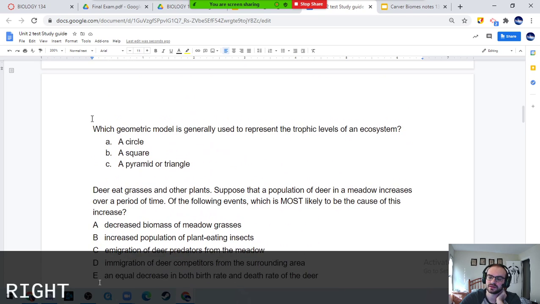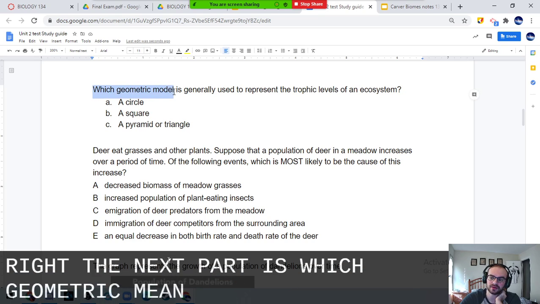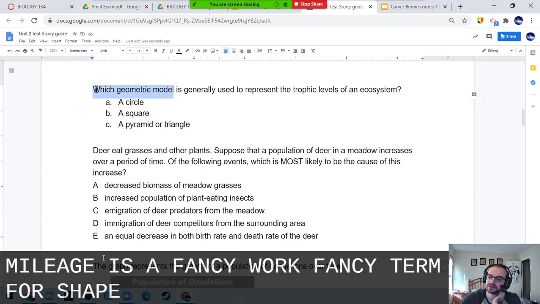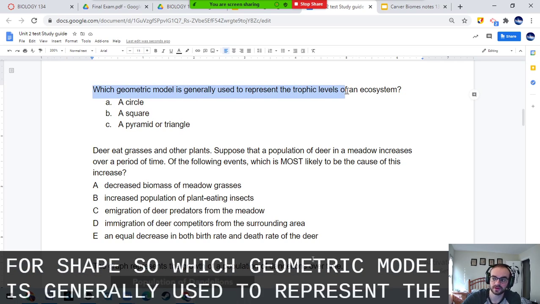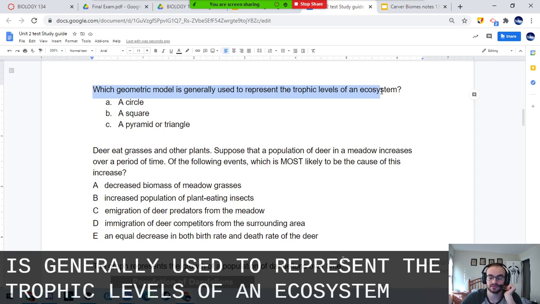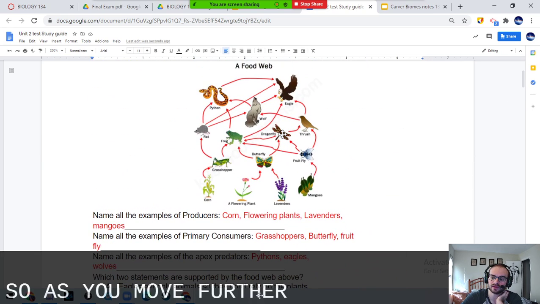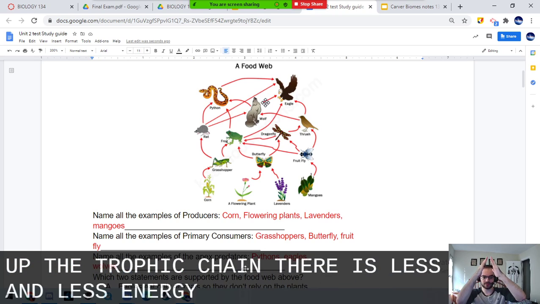Right. So next part is which geometric model, which is just a fancy term for shape, is generally used to represent the trophic levels of an ecosystem? Right? So as you move further and further up the trophic chain, there is less and less energy available to you.